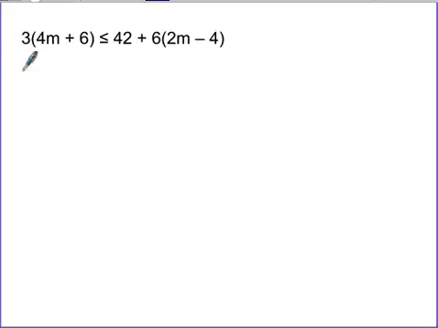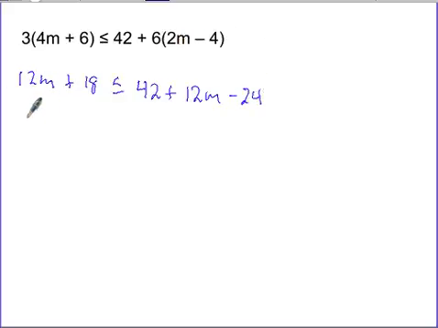So that would be 12m plus 18 is less than or equal to 42 minus 24. Six times 4 is 24.